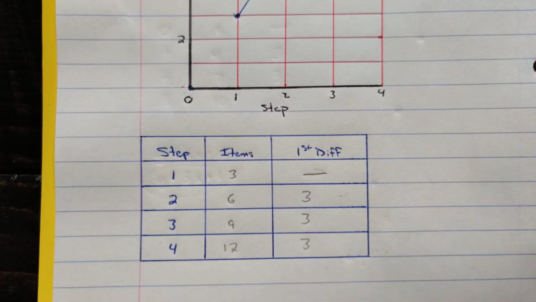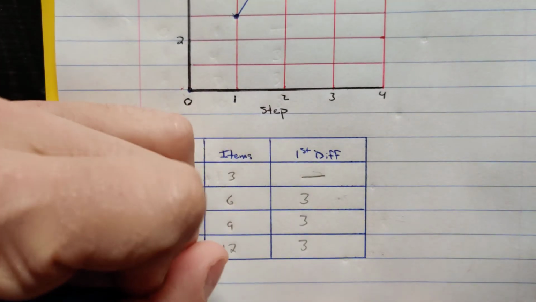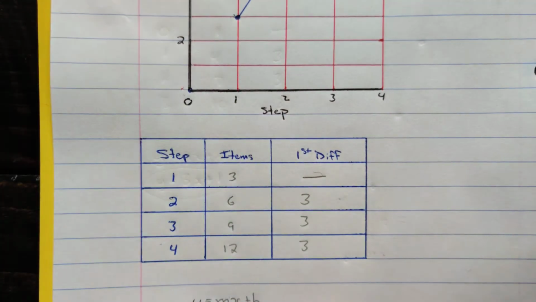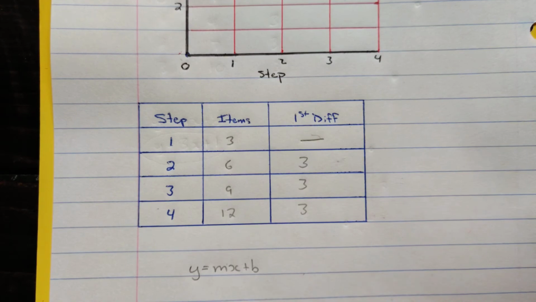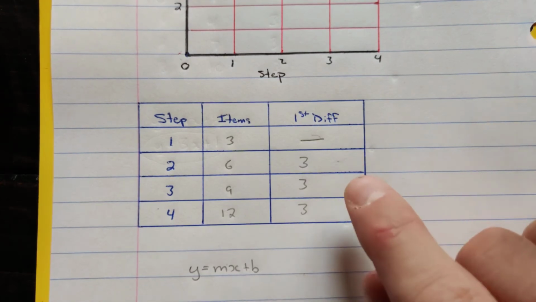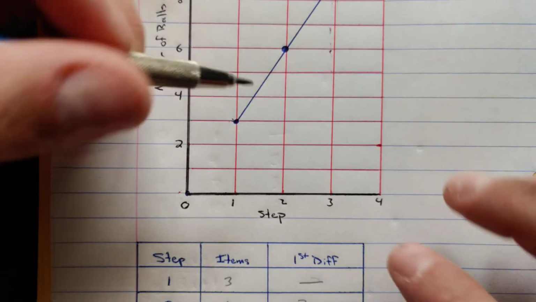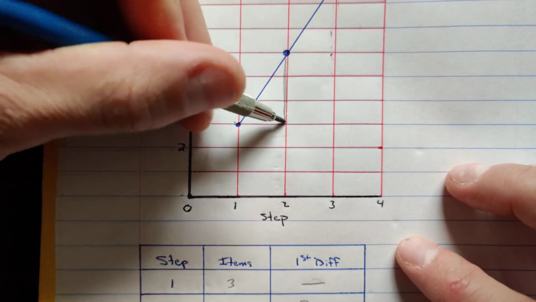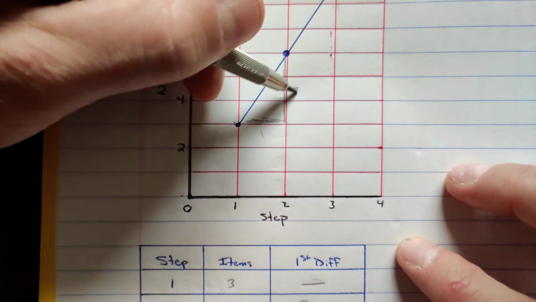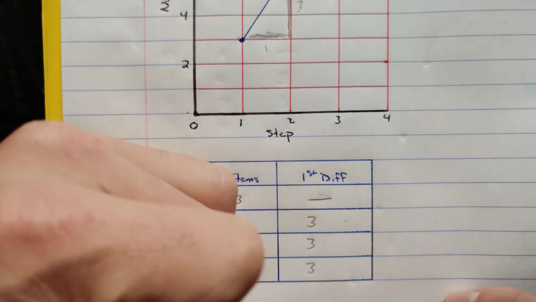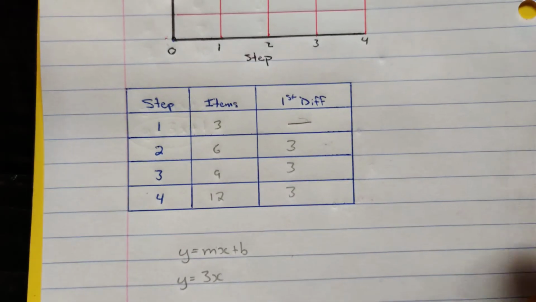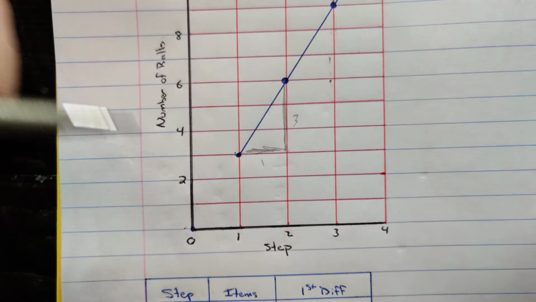Similar to the last one, we have y equals mx plus b. We have our rate of change, and we can check that on the graph. It's over 1 and up 3 if we make our rate triangle, so 3 over 1, which is 3. That's our m value. But we don't have an initial value on the graph. The initial value is not shown there.